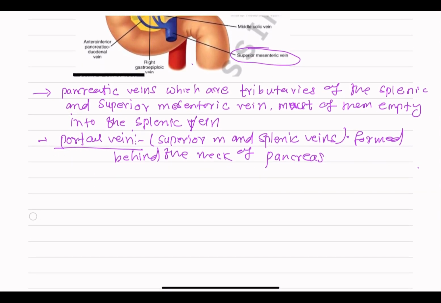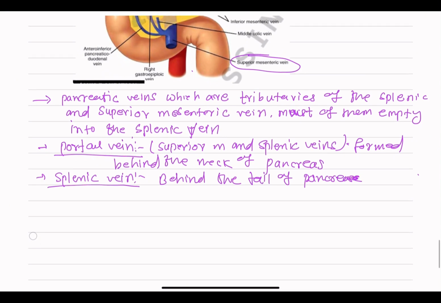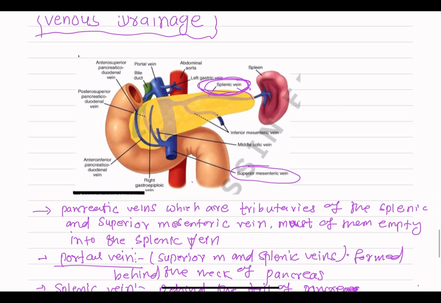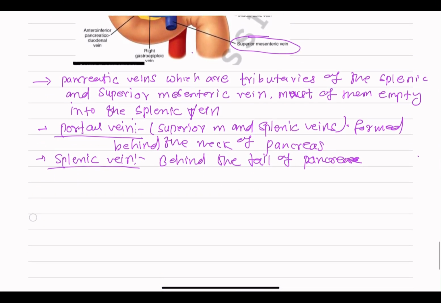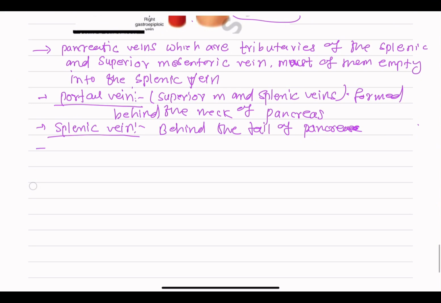Next is the splenic vein. The splenic vein is also behind the tail of the pancreas. This part is the tail of the pancreas, so you have to understand the location of the splenic vein also.